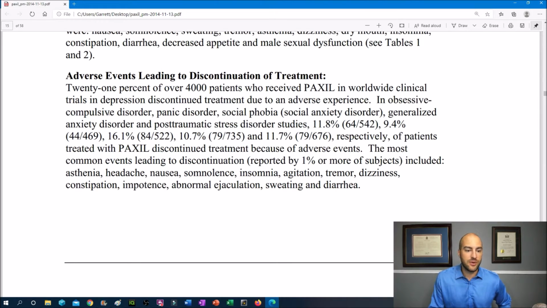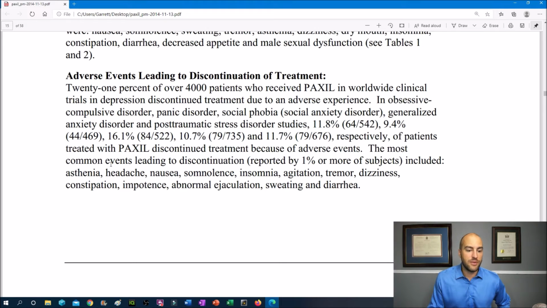In obsessive compulsive disorder, panic disorder, social phobia, generalized anxiety disorder, and post-traumatic stress disorder, 11.8%, 9.4%, 16.1%, 10.7%, and 11.7% respectively of patients treated with Paxil discontinued treatment because of adverse events. So it looks like somewhere between 11% and 21% of patients stopped taking this medication because of adverse events.